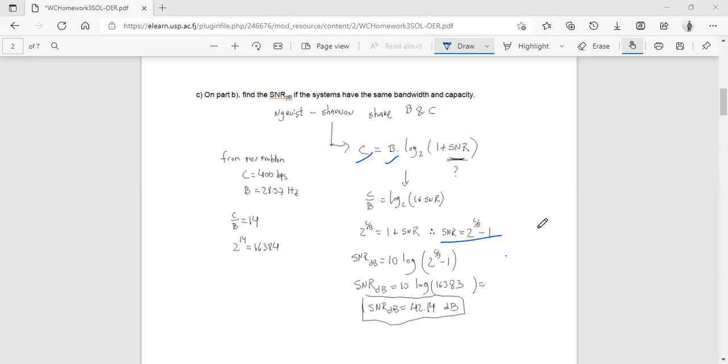So we take 10 log of 2 to the power C upon B minus 1. Since we know our capacity, that is 400 bits per second, and bandwidth as 28.57, we can calculate our SNR. If we calculate it, we'll be getting SNR in dB as 42.14 decibels, okay?